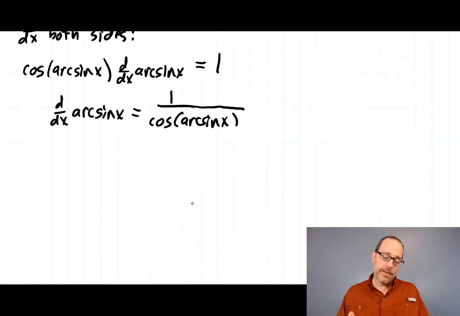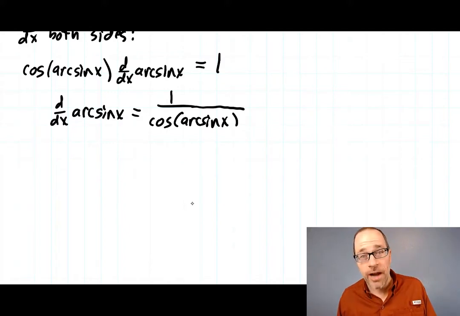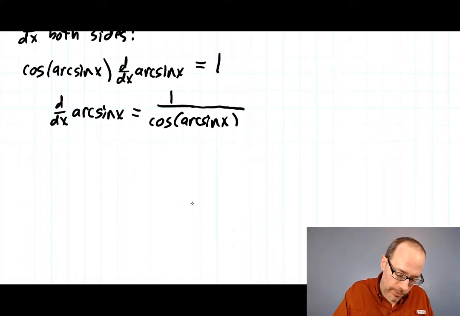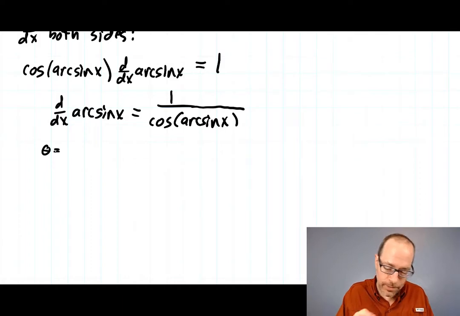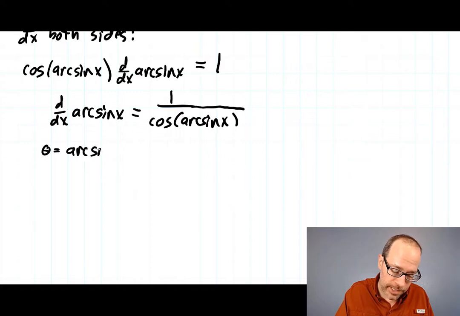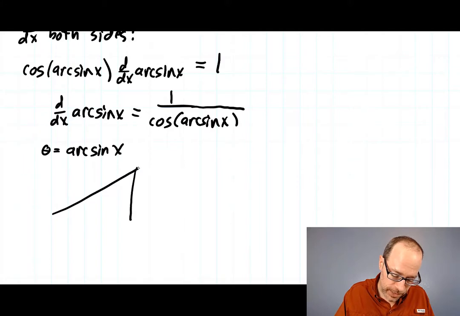The problem is, what on earth is the cosine of the arc sine of x? So the way to think about this is, if you remember, the arc sine is supposed to be an angle, so let's call it theta. So let's let theta be the arc sine of x. And what that means, it's related to trigonometry, right?